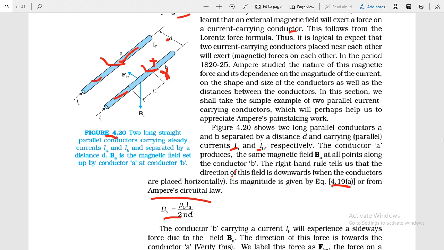Since d is the distance of the conductor B from A, we know the formula of magnetic field due to a long conductor is B equal to mu naught upon 2 pi into I upon the distance between the two conductors. This is the formula.